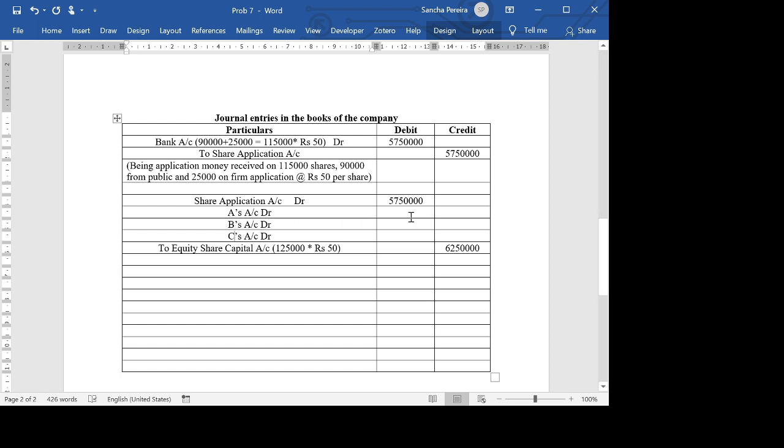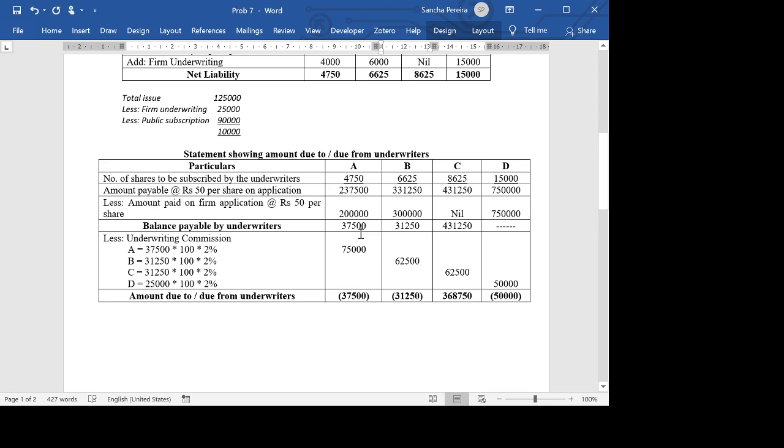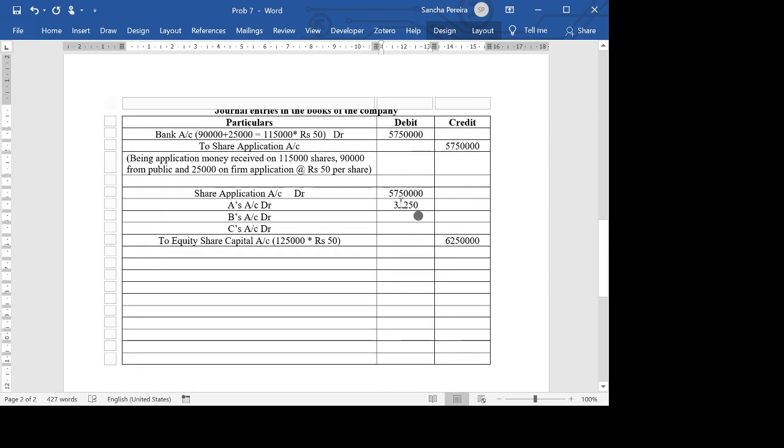So A is 37,500, B is 31,250, and C is 4 lakh 31,250. If you all have a calculator with you, put this together and you will surely get 62 lakhs 50,000.